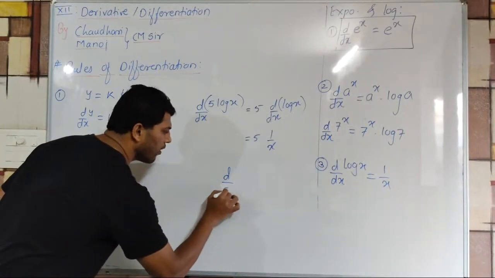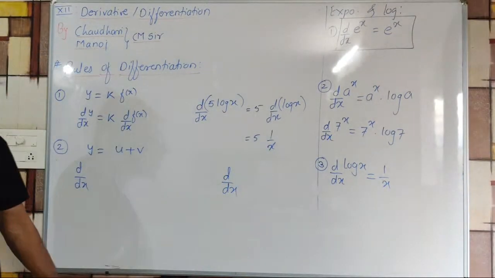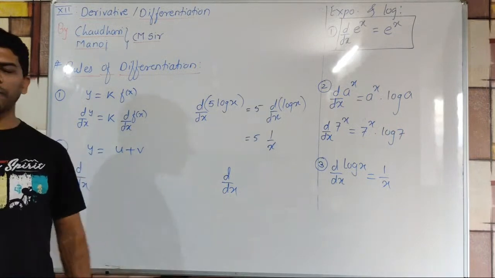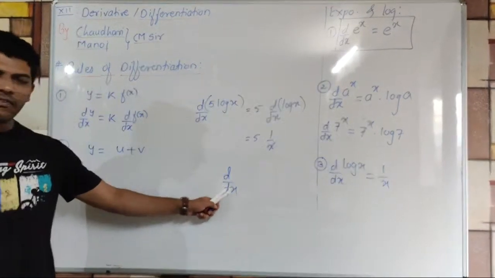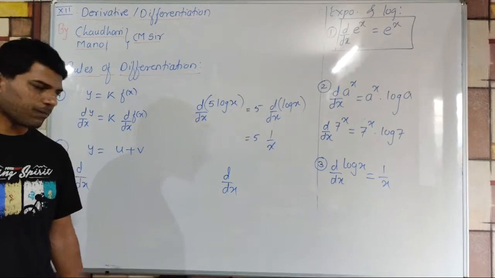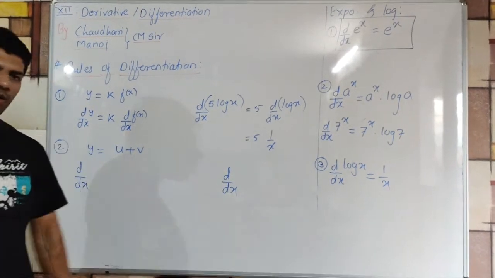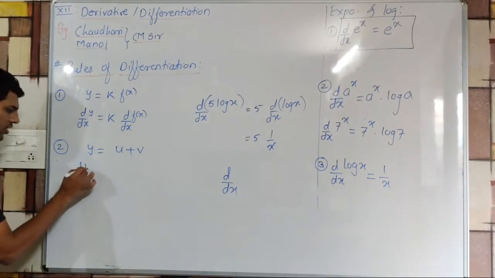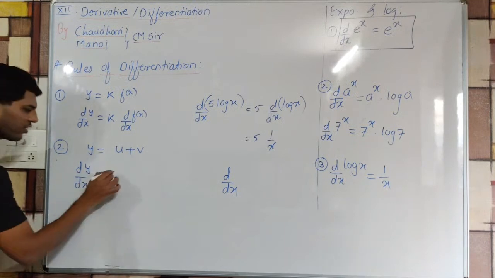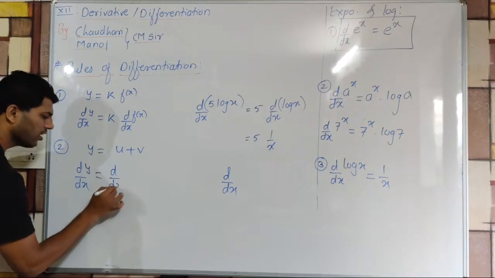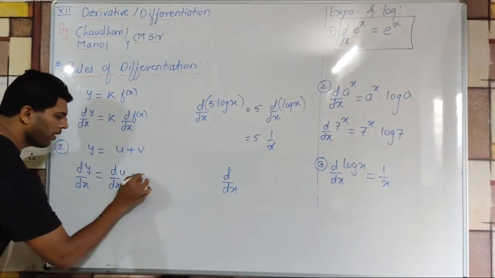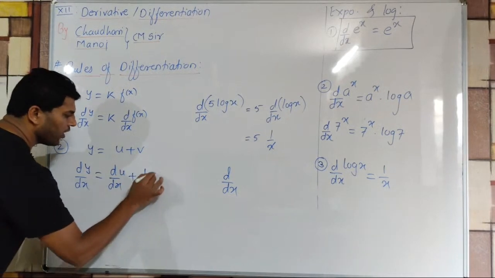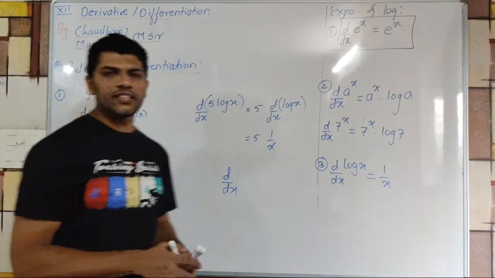This is the symbol for the derivative, and please read it as derivative with respect to x, or differentiation with respect to x. The derivative of y is the derivative of u plus the derivative of v.